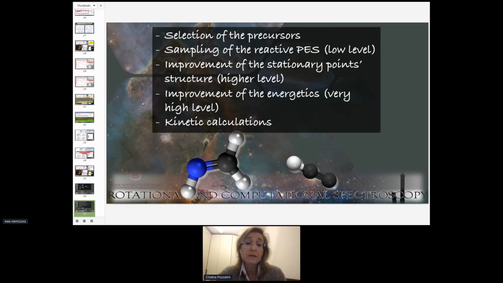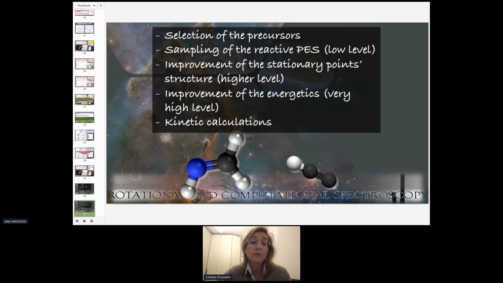And then once you have the structures of the stationary points improved, you need to further improve the energetics, because we are working at a very low temperature, so the barriers in the energetics are really important, because kinetics is really sensitive to them. And the final word is provided by kinetic calculation.